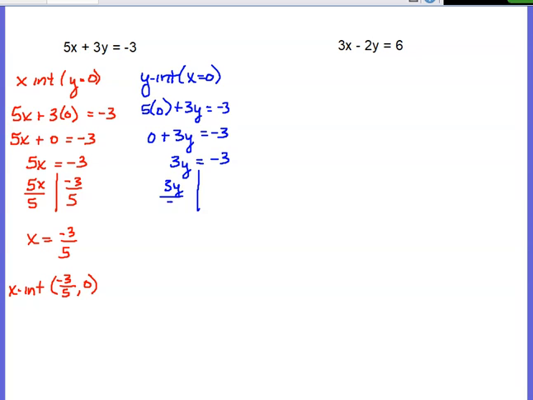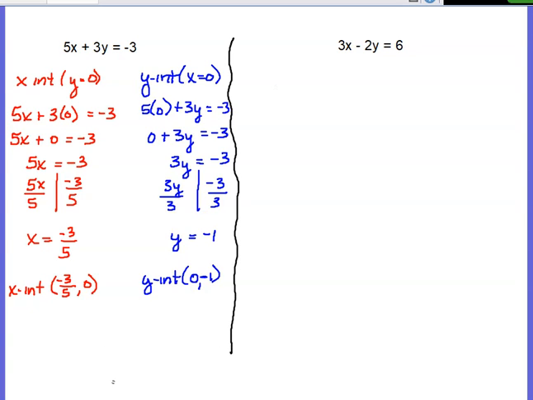So I have to divide both sides by 3. So y is equal to, negative divided by a positive is a negative, and 3 divided by 3 is 1. So my y-intercept, remember my x is always 0, so my y is negative 1. Again, I'm going to draw a line down through here just to separate them.